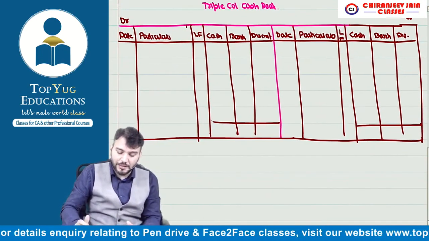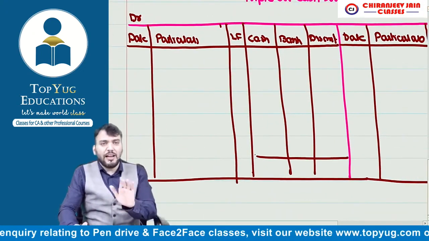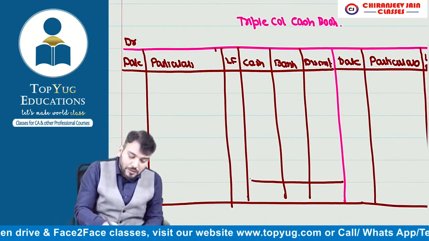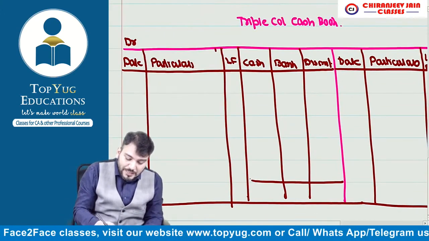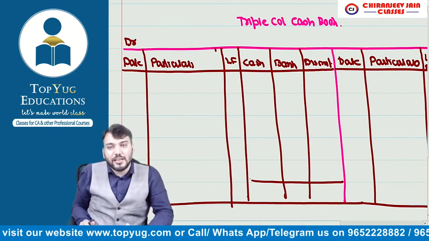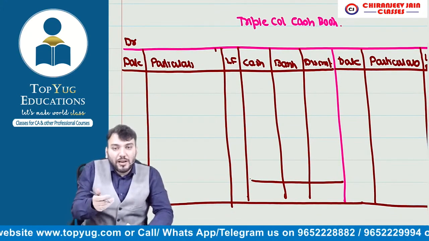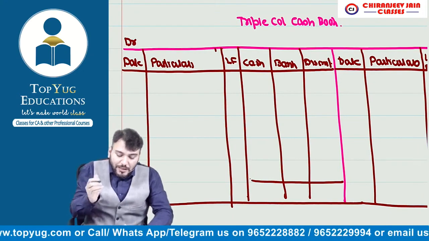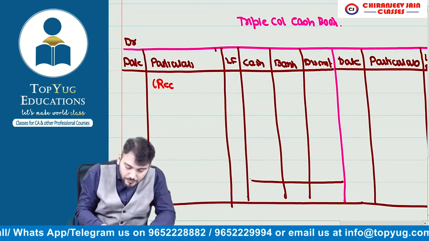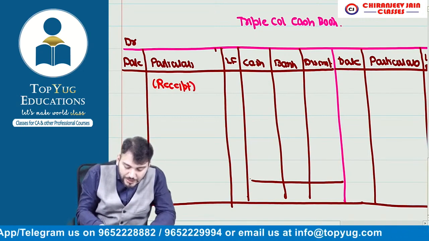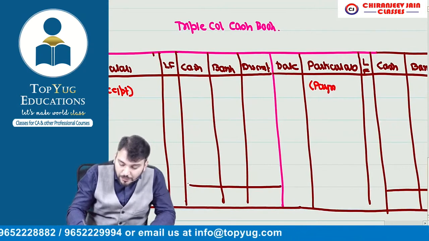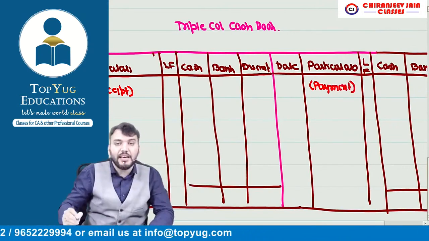Correct. Now the date is the transaction date. In case of particulars, on the debit side, all the receipts will be recorded, means receipt in cash or receipt in bank will be recorded on the debit side, and all the payments will be recorded on the credit side.